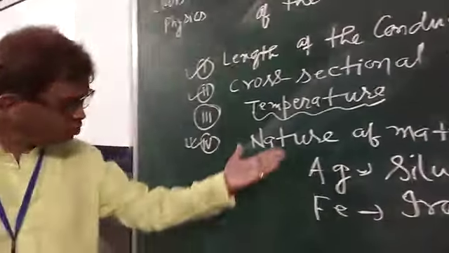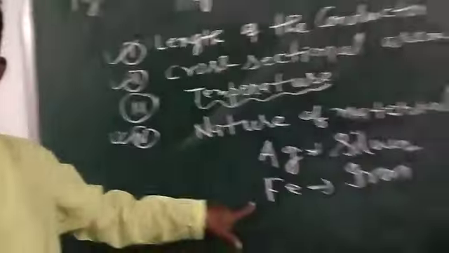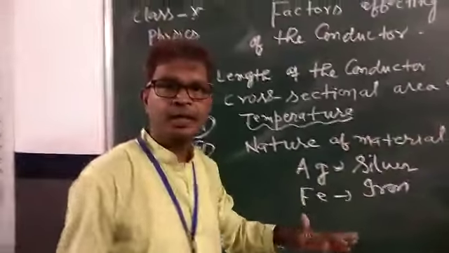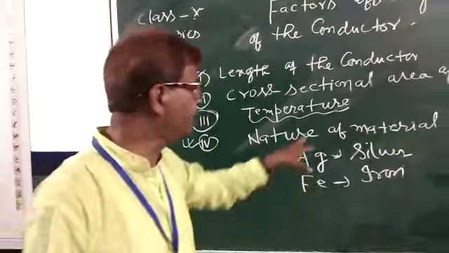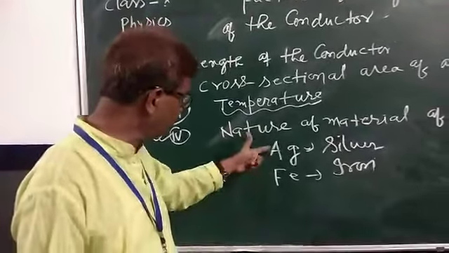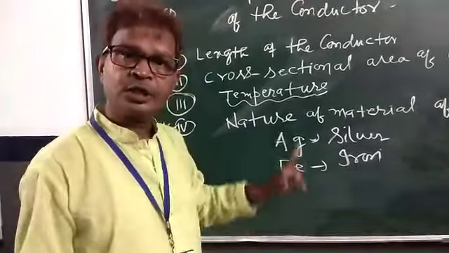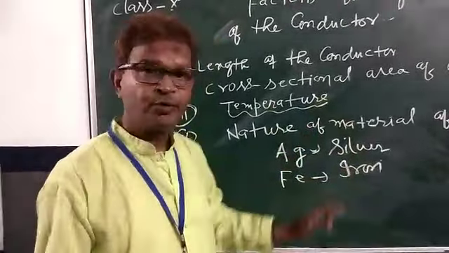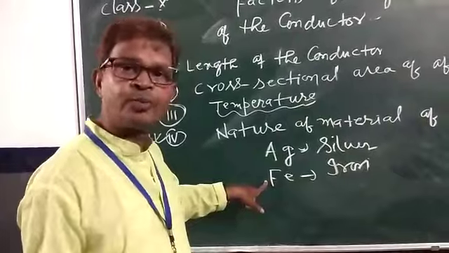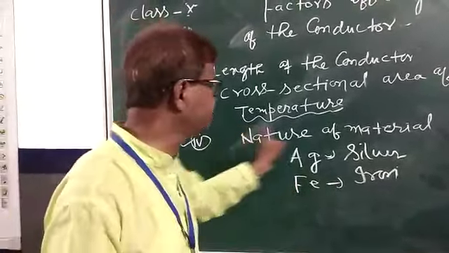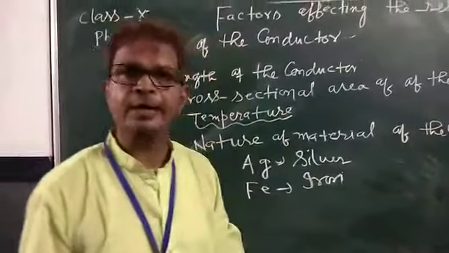These two substances, silver and iron, are different types of materials. So the resistance differs from Ag to Fe. The resistance of silver is the least, whereas the resistance of iron is more than that of silver due to the change in material of the conductor.